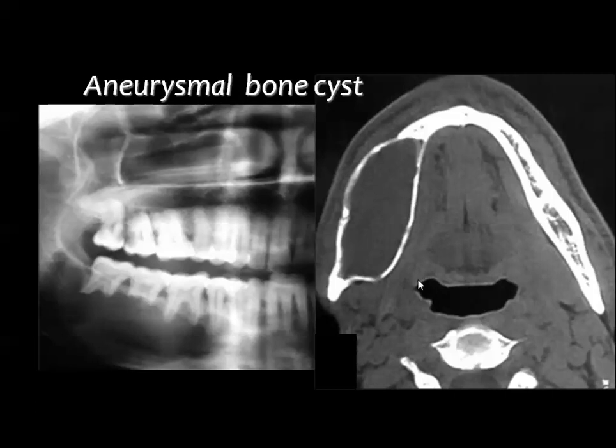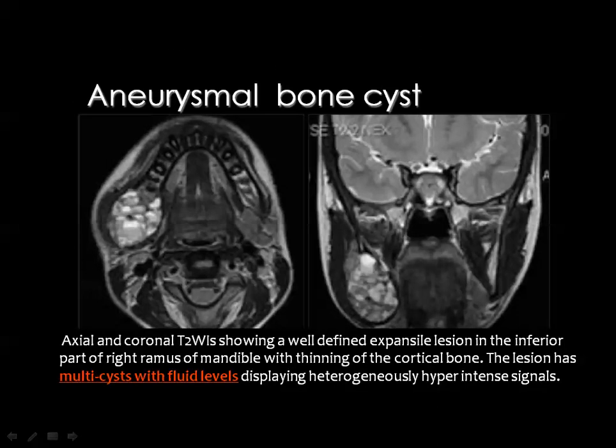But this is one of the main values of MRI in helping to diagnose aneurysmal bone cyst in the mandible, by the presence of multiple fluid levels within the lesion, and this is classic for aneurysmal bone cyst anywhere in the body. This lesion affects the right side of the mandible. It's expanding and it contains multiple fluid levels.